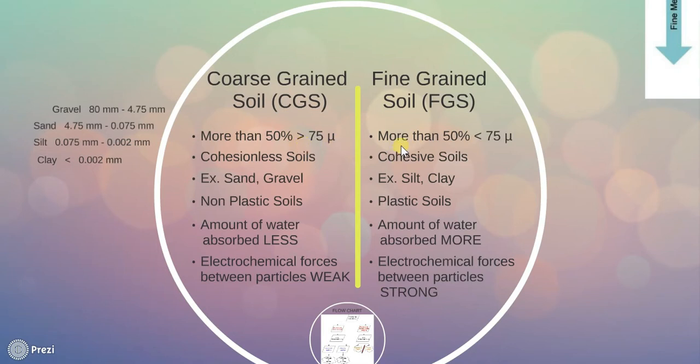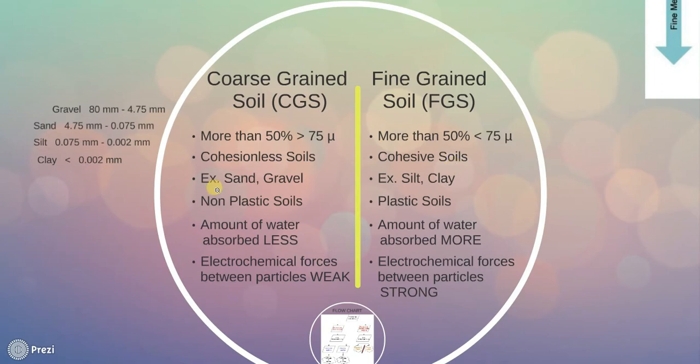Whereas in FGS, more than 50% of the total material by weight is smaller than 75 micron. CGS are cohesion-less soils, whereas FGS are cohesive soils.